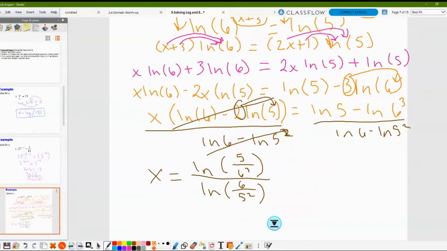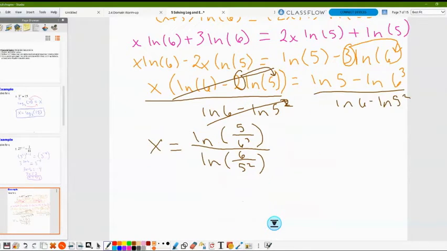Now, we want to simplify these to a single log if we can. When you have logs with the same base, this is actually the change of base formula on the right side. If we want to move it back to a single base, we can rewrite it as a log with the base of what's down low in the denominator. So that's going to be 6 over 25.